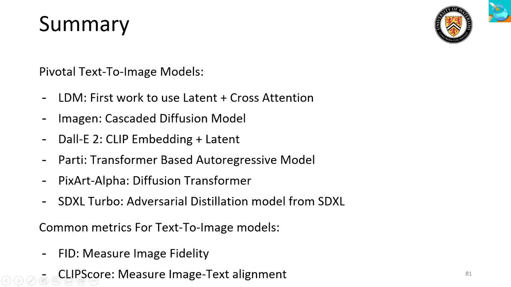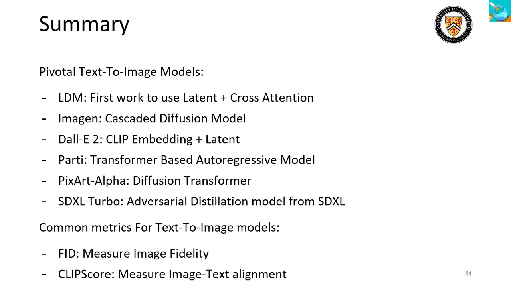So in summary, we covered 6 pivotal text-to-image models in this presentation, including the latent diffusion model, which is the first work to use the latents, like the compressed latent, and also the cross-attention. Then we have the Imagen paper, which is a cascaded diffusion model to do text-to-image generation.